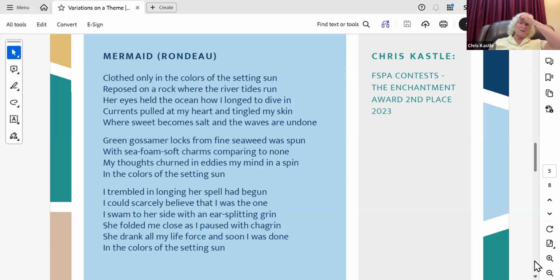So, a variation on the first one, bringing in perhaps other historic accounts of what mermaids would do and what mermaids were like. Historically and culturally, anywhere there is water, there are legends of mermaids.